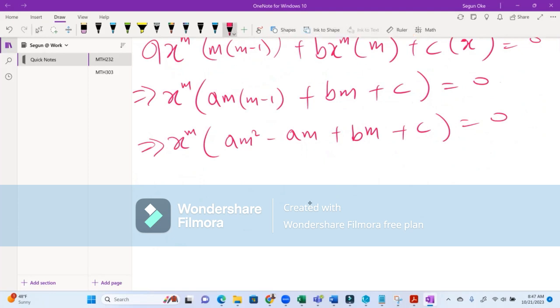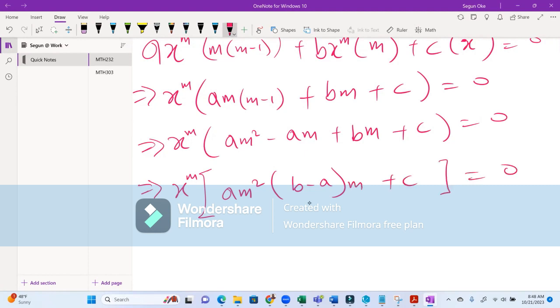So you agree with me if I put it this way, x raised to power m in brackets, something is common here. Let me just use the square bracket here. So you see that I have am squared in bracket b minus a m plus c equals 0.